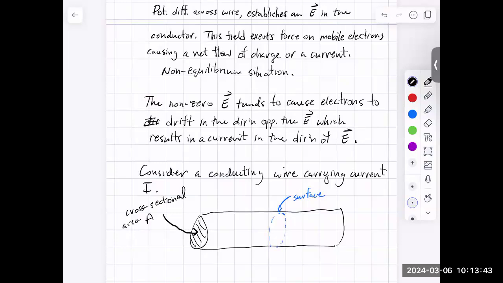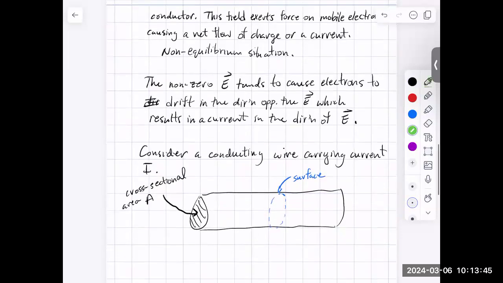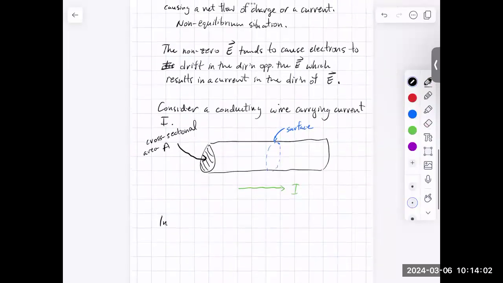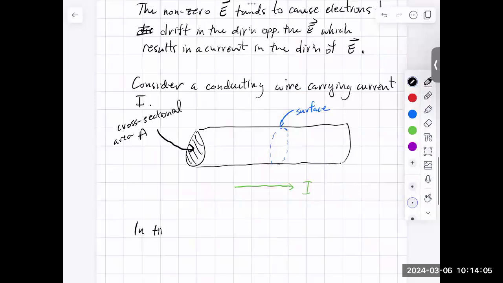Okay, and so let's imagine that we have a current that is going in this direction I. Okay, so in time delta t, the total charge to cross our green surface, did I do it?